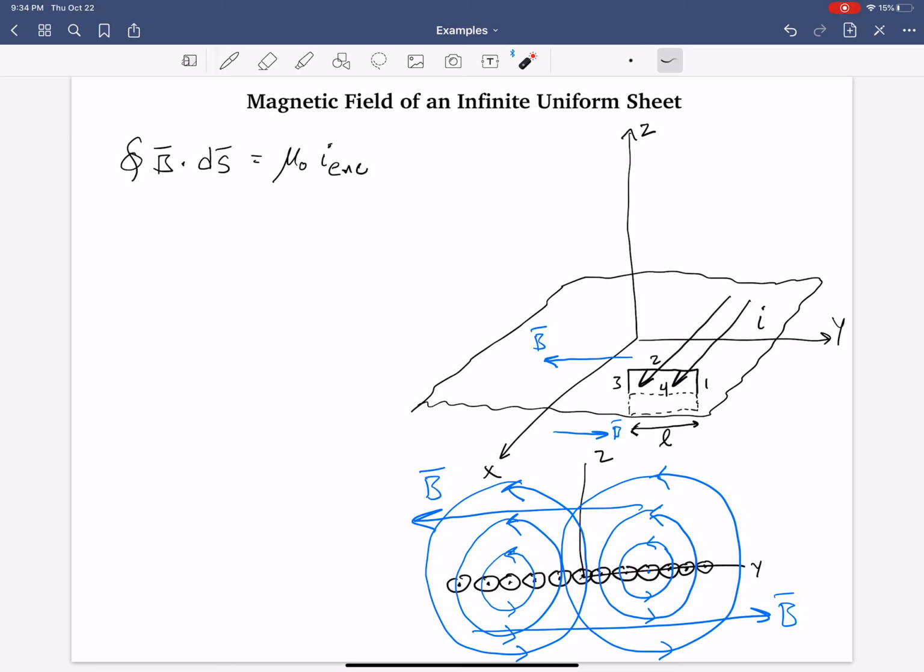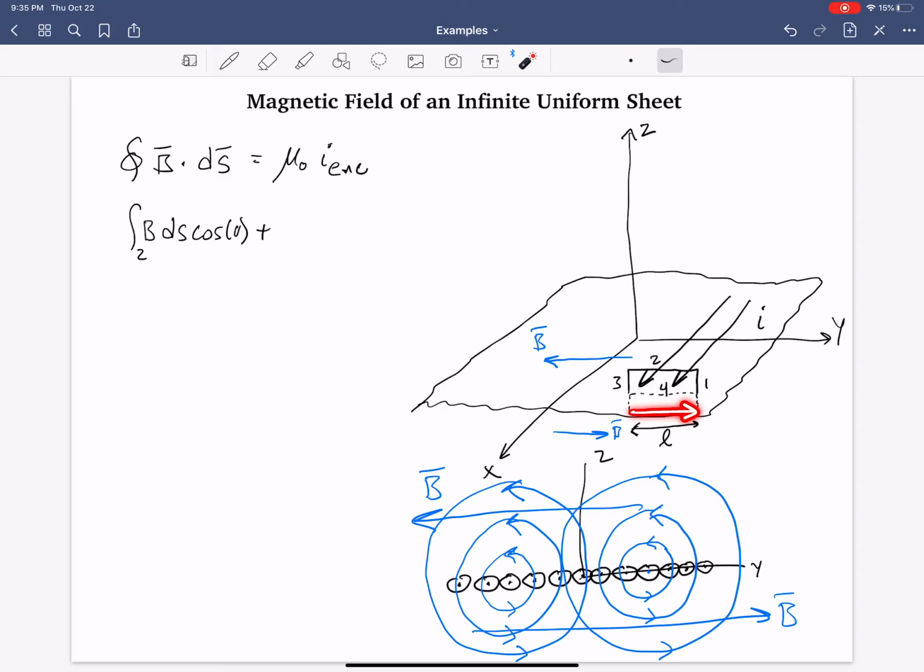Section 2, ds is going in the negative y direction, and that's parallel to B, so that does contribute. We have the integral of B ds cosine of 0 now. That's segment 2. Adding that with, can you guess, segment 4 along the bottom, right?